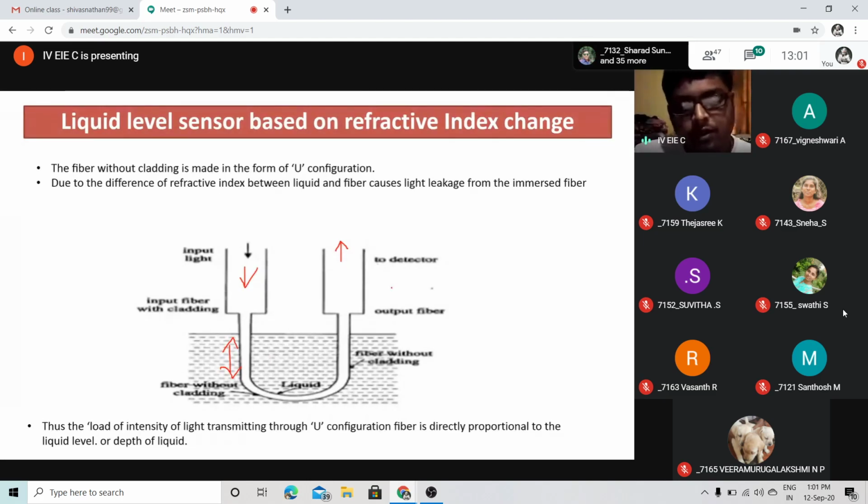So we can find different levels of liquid from a single setup by using what? A refractive index change.